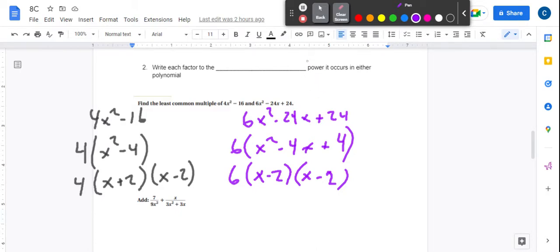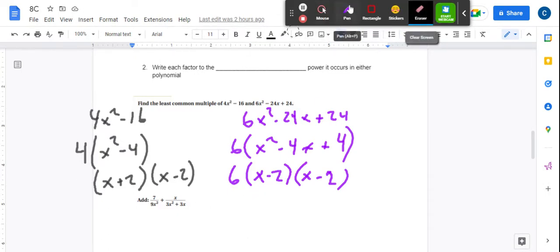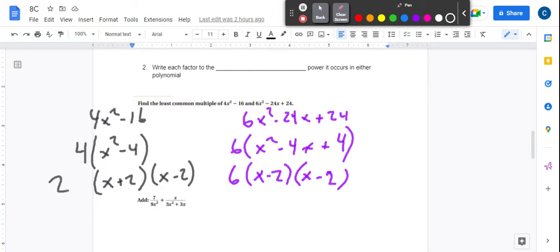Furthermore, we need to completely factor the numbers out as well. I kind of neglected to do that earlier. So instead of the 4, that's a 2 times 2. Instead of the 6, that's really going to be 3 times 2. So if we look at all the possible factors we have in these, we can list them.